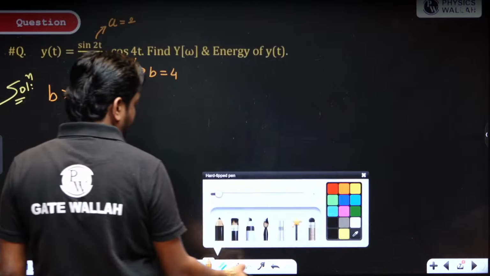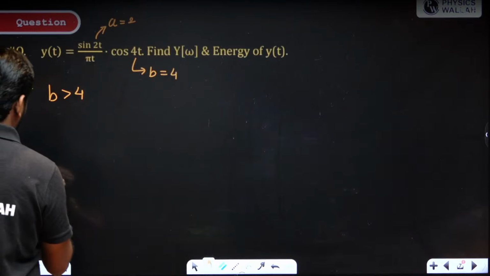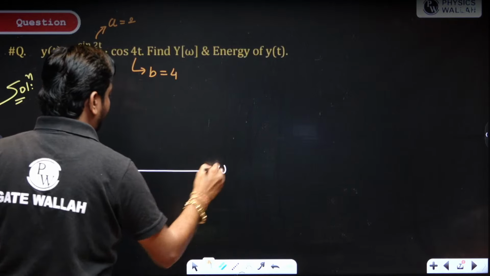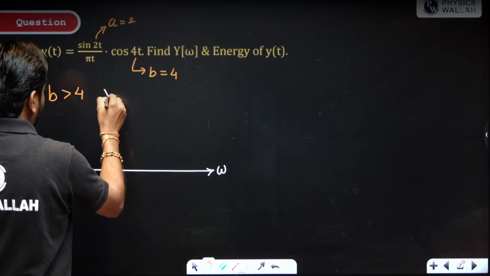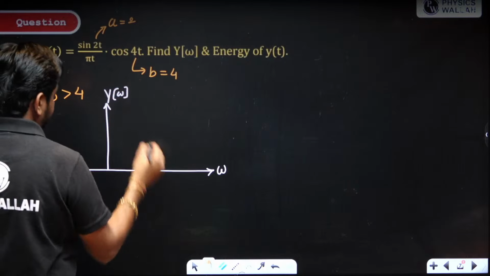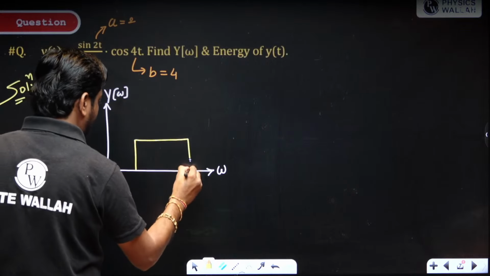Then here you will get a band pass filter, directly a band pass filter, for y of omega. Band pass filter Fourier transform.